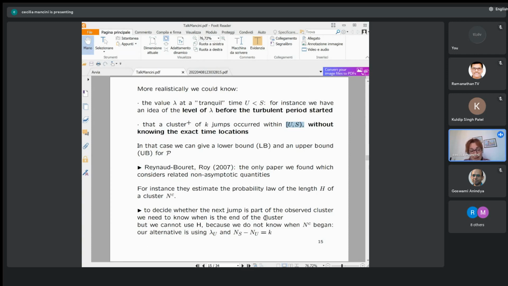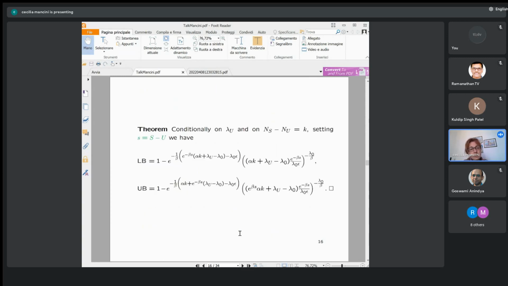Our alternative is using lambda u and the number of jumps that occurred between U and S. This is our result.